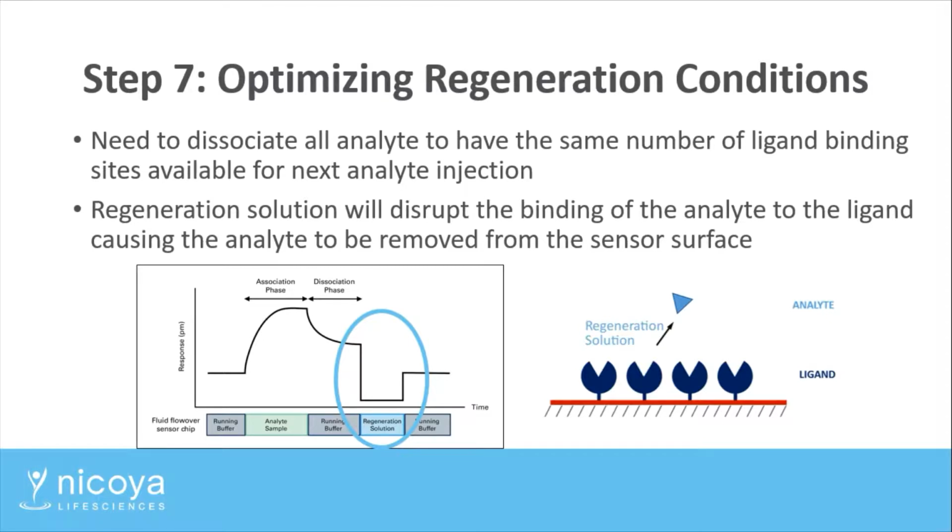However, if this dissociation rate is slow, it's not very practical to wait until it all naturally dissociates. In this situation, you're going to be using that regeneration solution to disrupt your ligand and analyte binding.